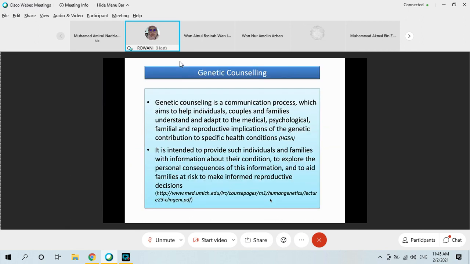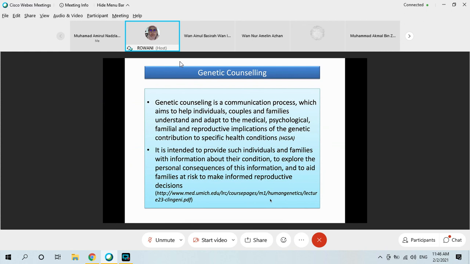Genetic counseling is not the normal counseling that you give to a person or individual or families because of social issues or psychological problems. It is different, but it is still a communication process in which you aim to help individuals, couples, and families to understand and adapt to the medical, psychological, familial, and reproductive implication of the genetic contribution to a specific health condition.